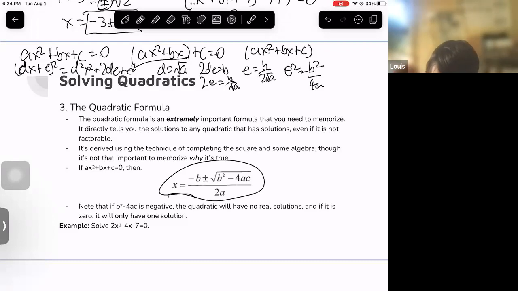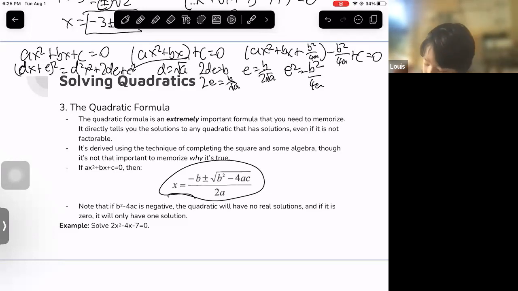Okay, so ax squared plus bx plus c, no, sorry. ax squared plus bx plus b squared over 4a minus b squared over 4a plus c equals 0.